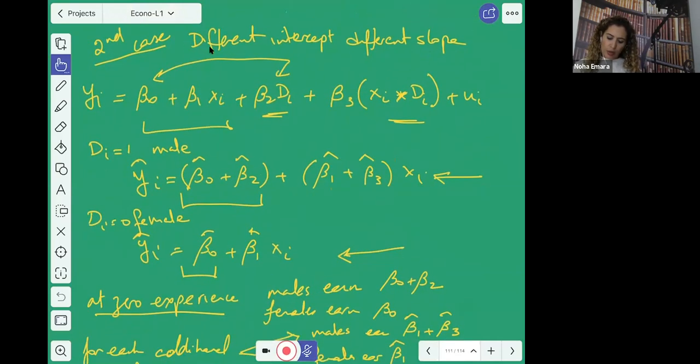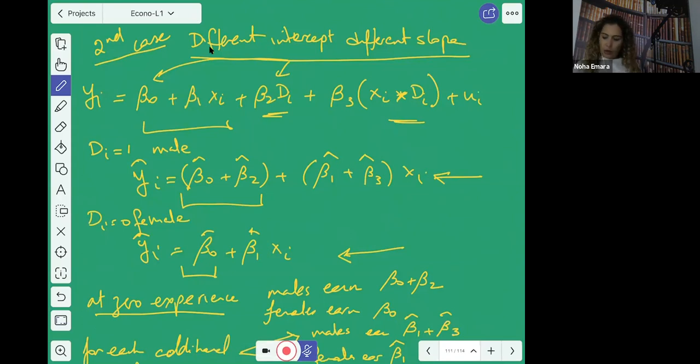And I prefer this type of model in many applications because it's more realistic, right? When I talk about labor market discrimination, it's not only about 0 experience where males earn higher, but for each additional accumulation of experience, the slope is higher for males versus females, okay?